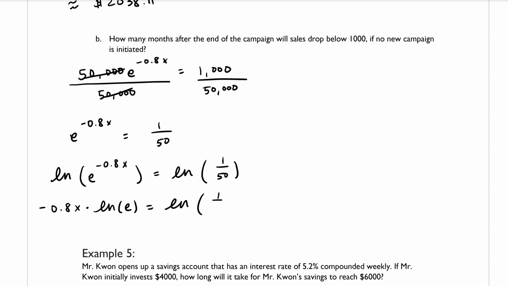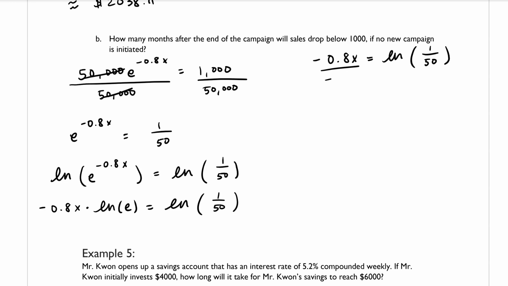And ask yourself, what is the natural log of e? If you don't know what it is, practice, because you want to get to a point where you know what the natural log of e is, and that number is 1. So that's going to simplify to negative 0.8x is equal to the natural log of 1 over 50.